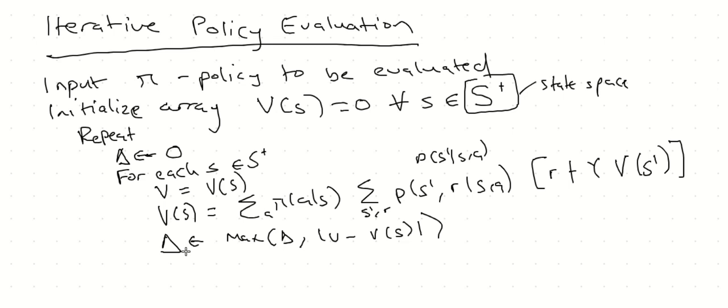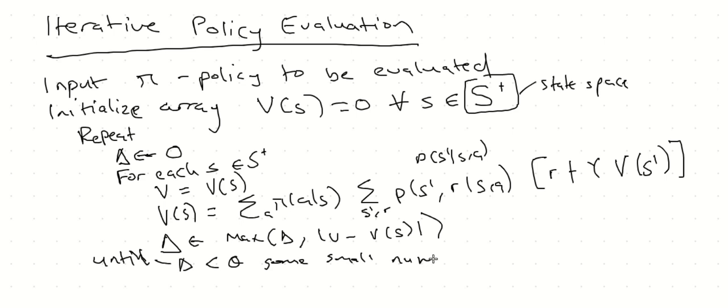When the values stop changing much, that's what this is essentially doing. When the values actually stop changing much, that's when we can say that this algorithm has converged. So this is going to happen until delta is less than theta, some small number, right?